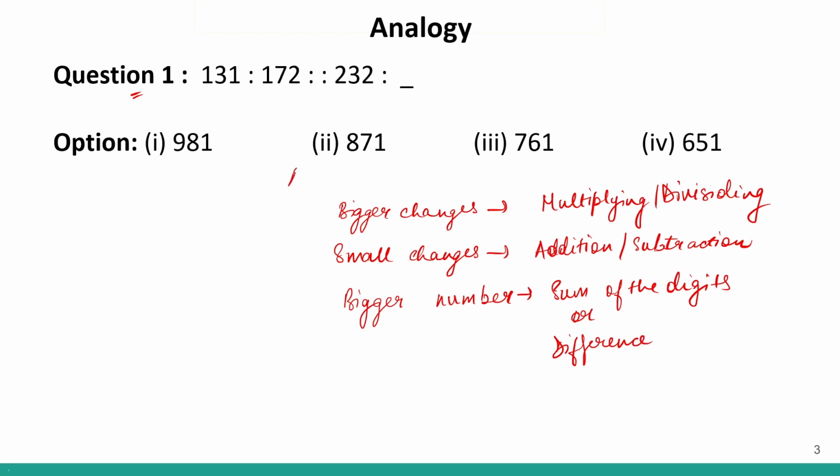This is the approach to solve number analogy questions.